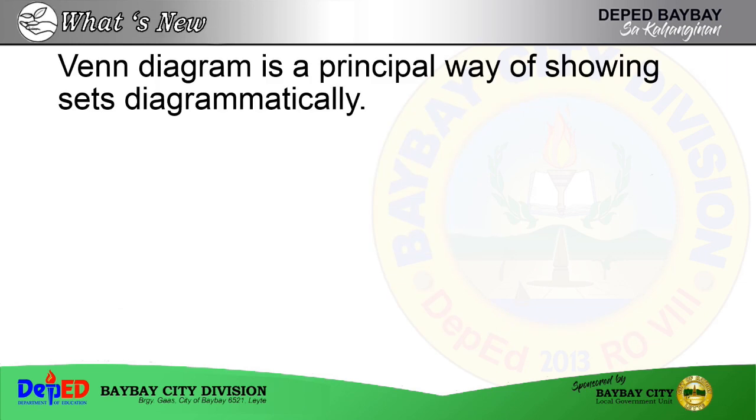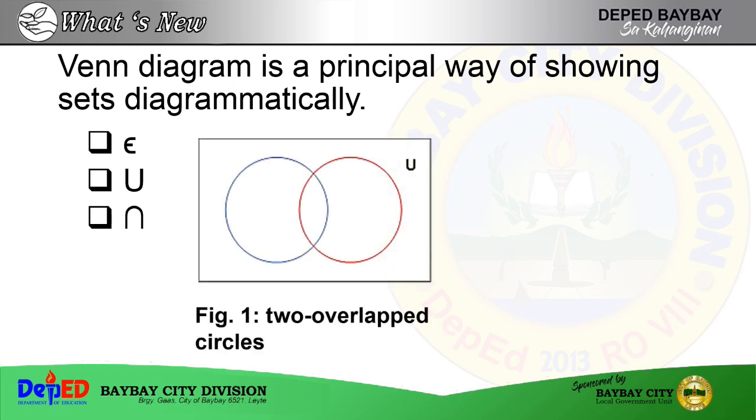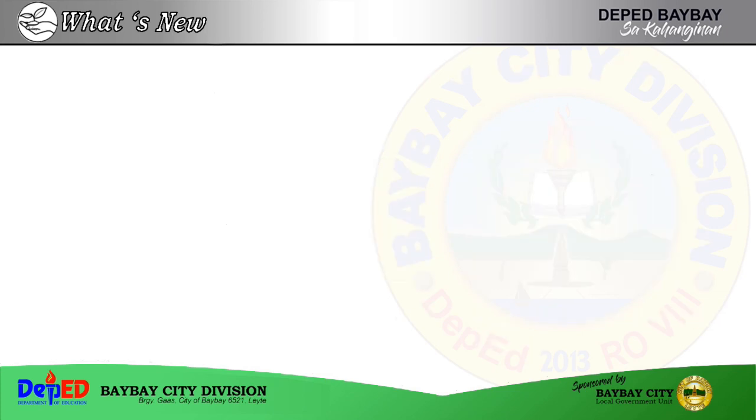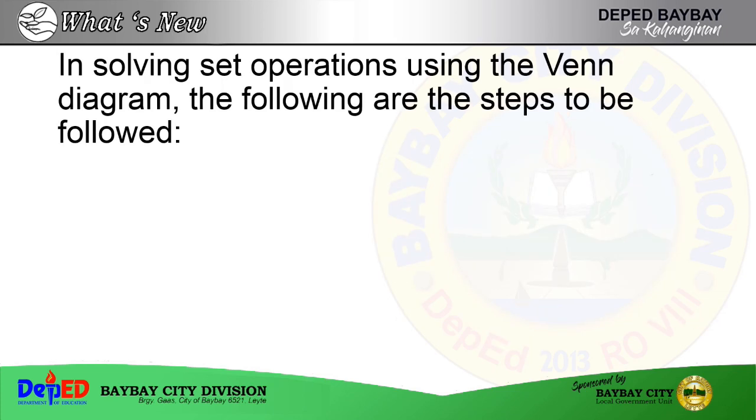Venn diagram is a principal way of showing sets diagrammatically. This method consists primarily of entering the elements of a set into a circle or circles. It can be used to solve word problems involving union and intersection of sets. In solving set operations using Venn diagrams, the following are the steps to be followed.